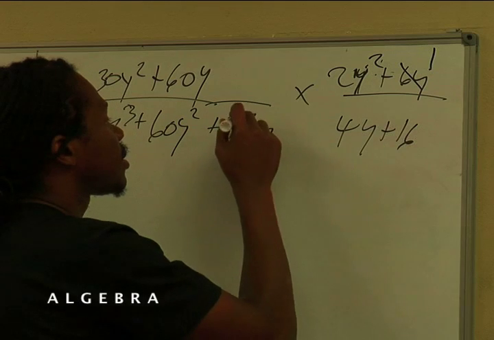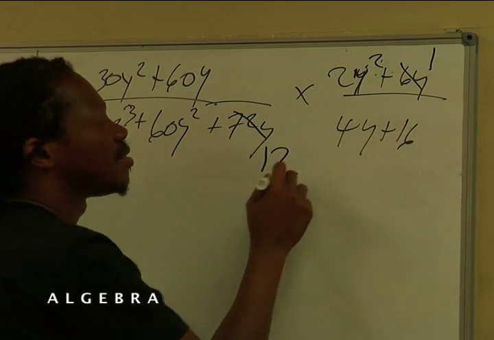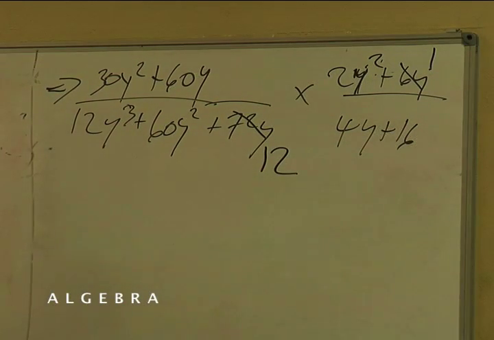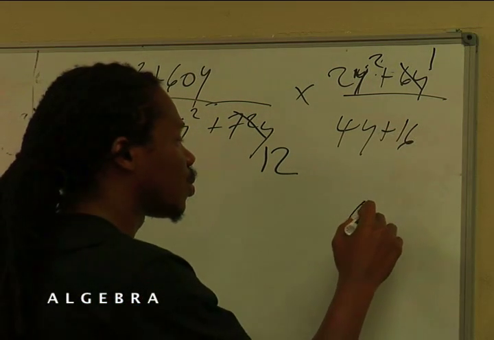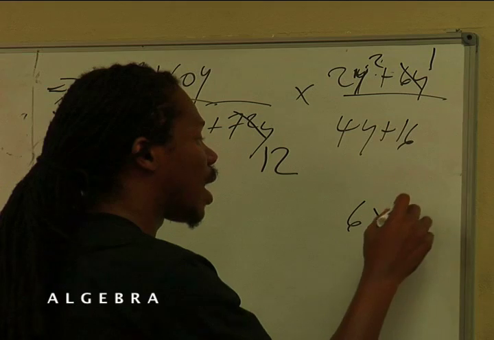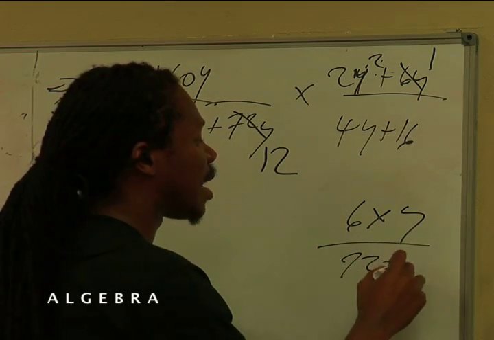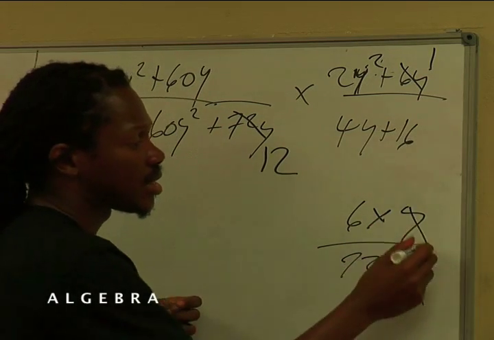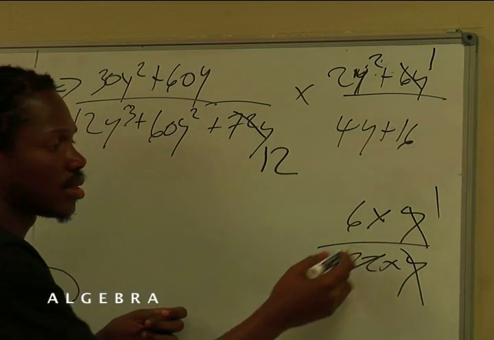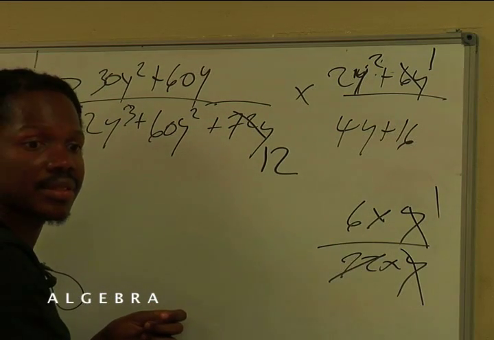So that is 1, and this is 12. It's 6y times y over 72 times y. The y cancel, y cancel. 12. You see it?